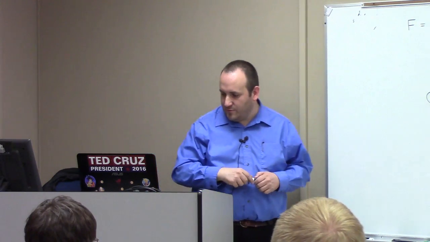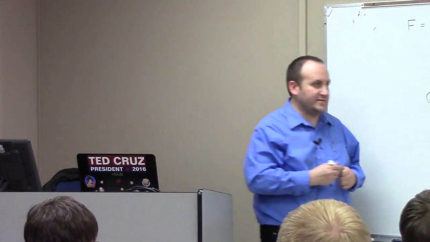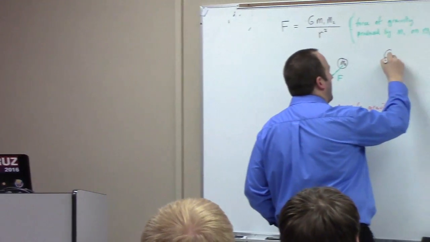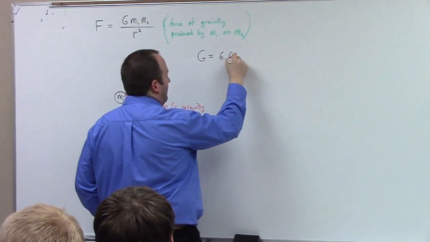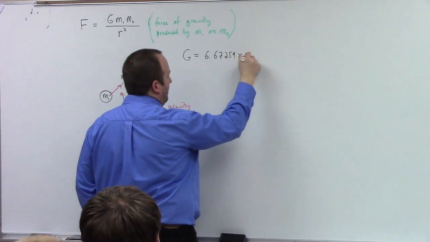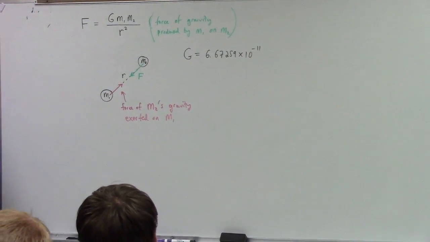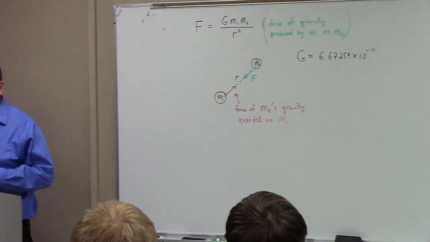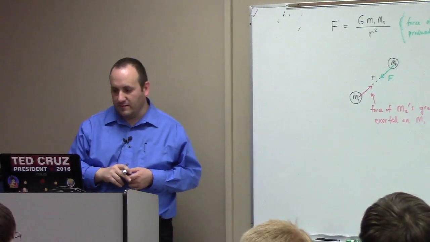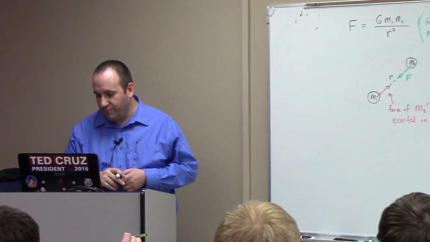Ah, there it is. 6.67259 times 10 to the minus 11. Now, you guys probably are fine if you just use the first 4 digits in that for most everything, you know? What are the units?